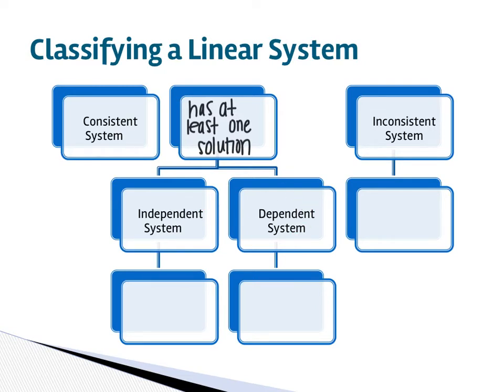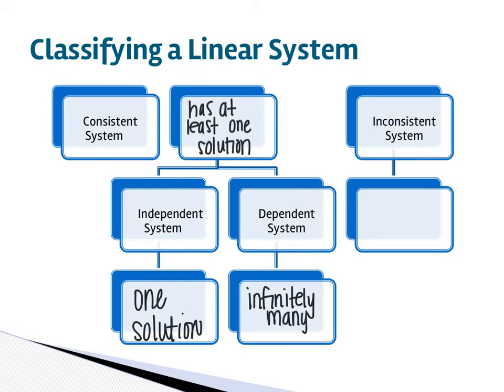An independent system has one solution, and a dependent system has infinitely many solutions. Then you have an inconsistent system, and that has no solution.